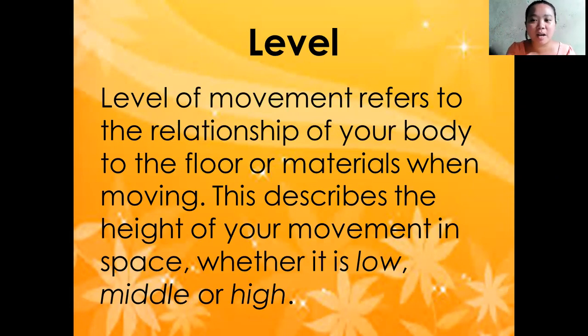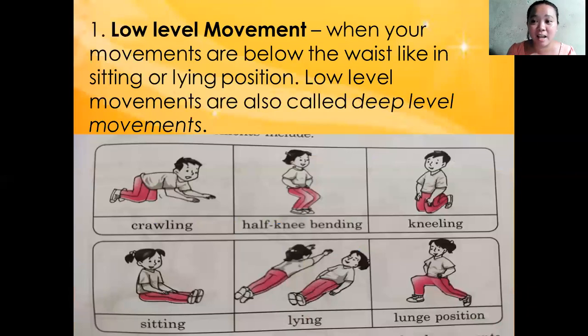So let's talk about the low level movement. Low level movement is when your movements are below the waist, like in sitting or lying position, lunge position, crawling, half knee bending, and kneeling.